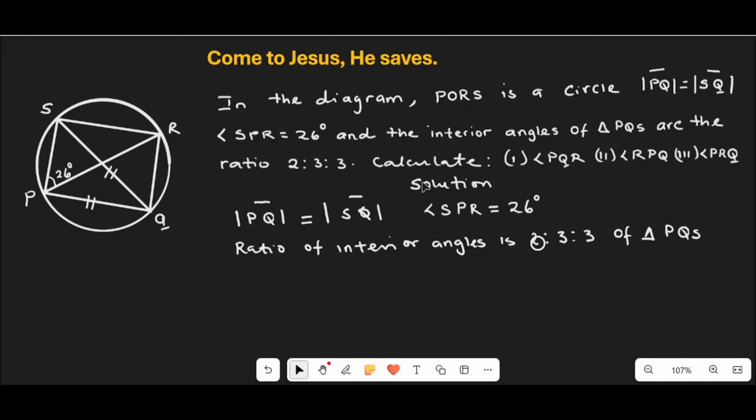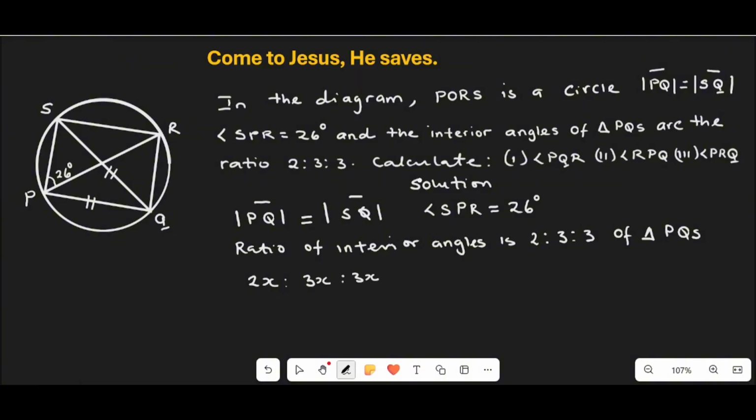Now, let us first convert this ratio to angle. We can convert this ratio to angle by multiplying it by a constant value, and let us say the constant value is x. So the interior angles will be 2x, 3x, 3x.